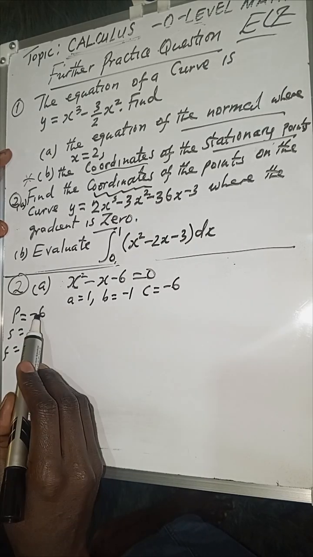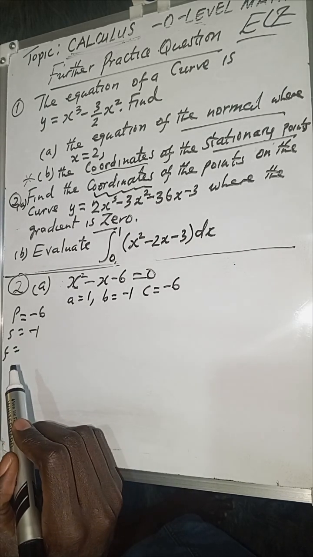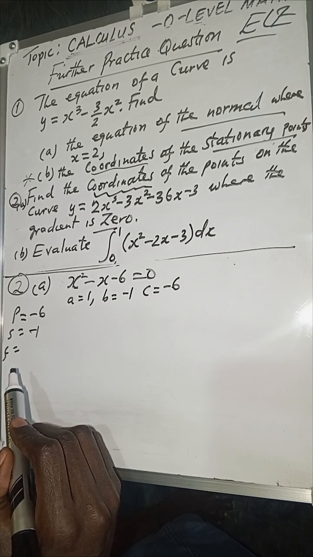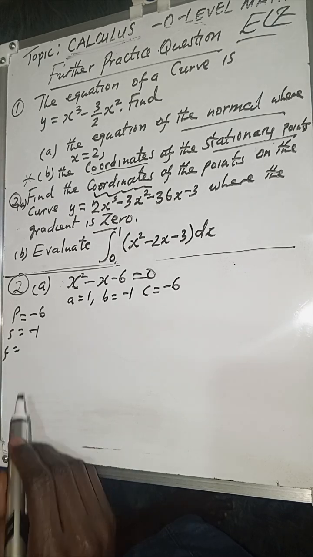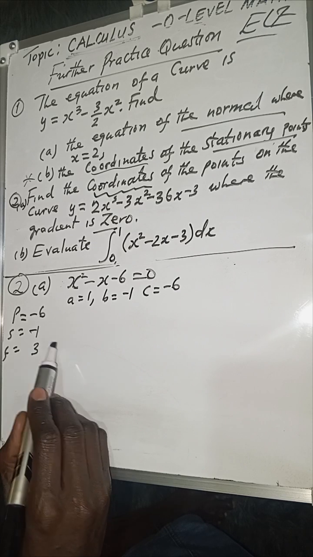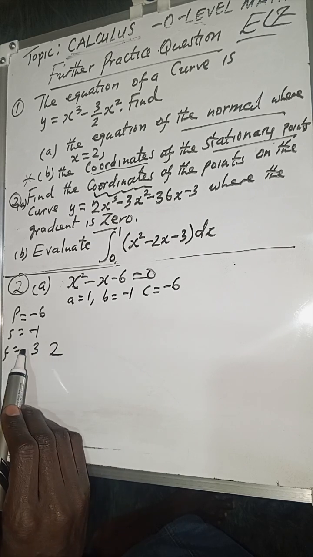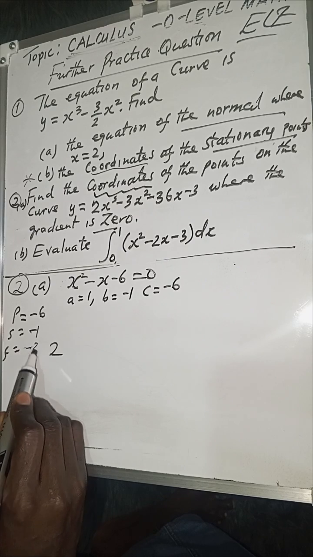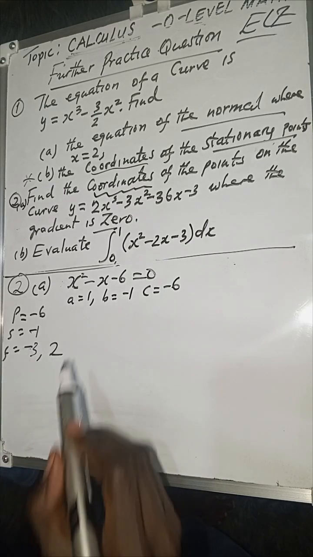So what are those numbers when you multiply, they'll give you -6, and when you add, they'll simply give you -1. Are you thinking of 3 and 2? Definitely. So we can think of -3 and 2.